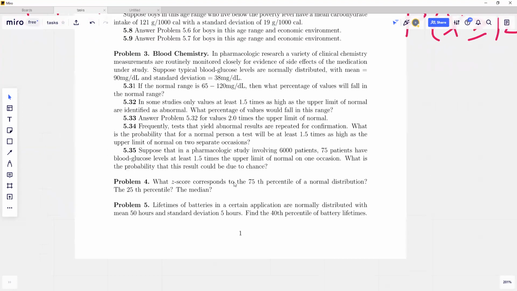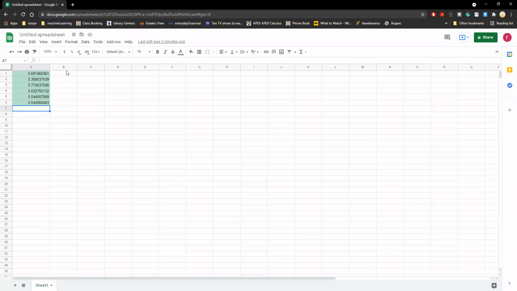Okay, now let's move on to problem number 4. What z-score corresponds to the 75th percentile of the normal distribution? Okay, let's answer that question using, let's say, spreadsheets.